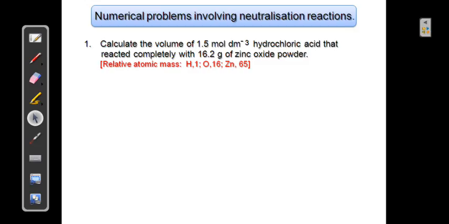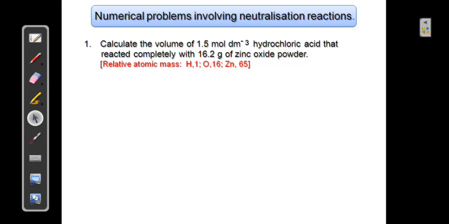Now listen, the acid they give you is 1.5 mol per cubic decimeter hydrochloric acid. So they want to know the volume of hydrochloric acid required to react with the 16.2 grams of zinc oxide.